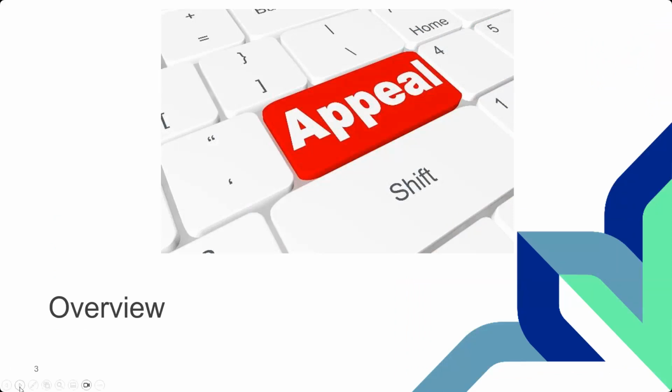We'll begin with an overview of the Medicare appeals process. For some of you, this may be a review of information that you're already familiar with. For those who are new or just beginning to learn about Medicare and the appeals process, this is going to provide a brief introduction. As your Medicare administrative contractor, WPS processes original or fee-for-service Medicare claims.